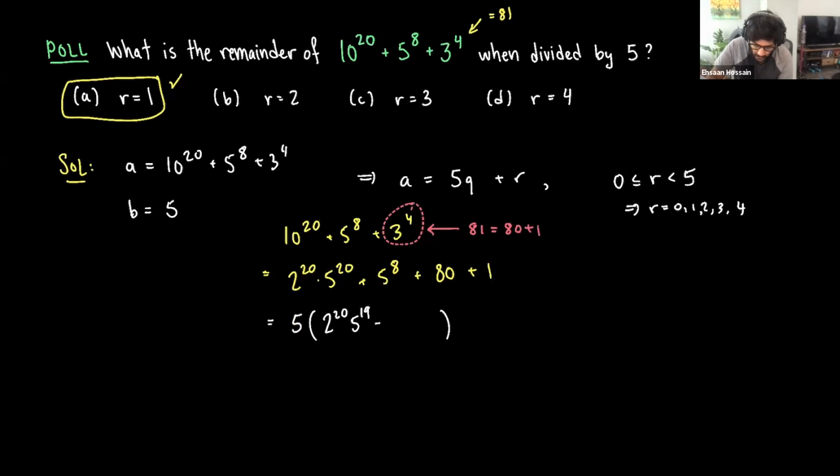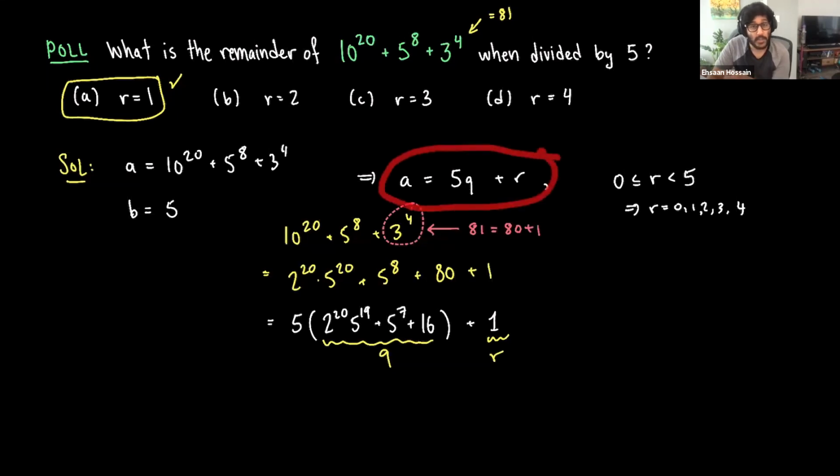And then I have 5 to the power 7 plus what's 80 divided by 5? 16 plus 1. So here's my Q and here's my R. Division algorithm says 5 times something plus remainder. So R equals 1. See my logic?